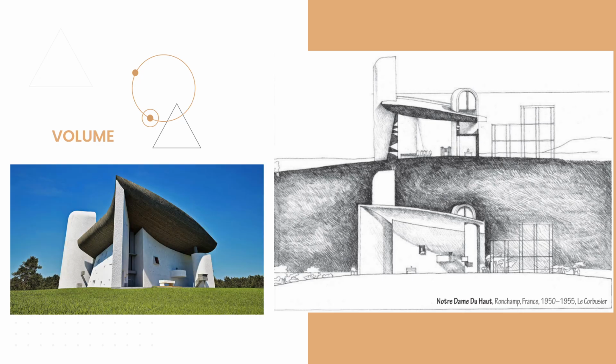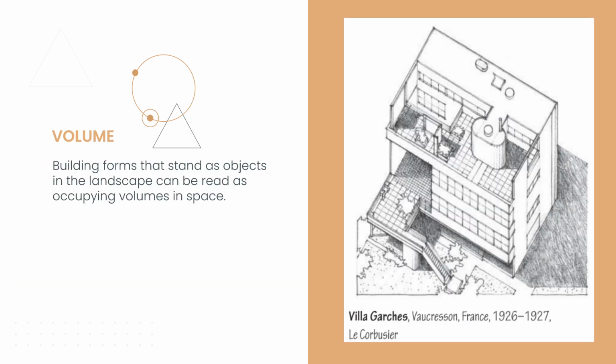This is what it looks like in actual. So many forms, right? Different shapes. It has wall planes, a roof plane and a ground plane. So it created a mass or a form or volume.